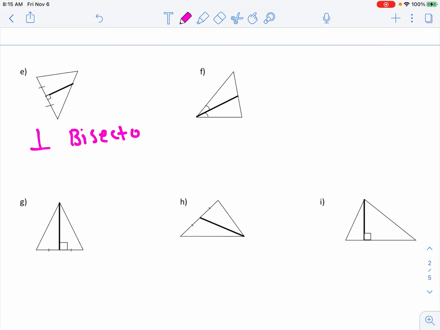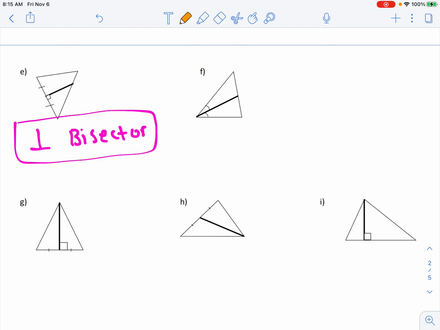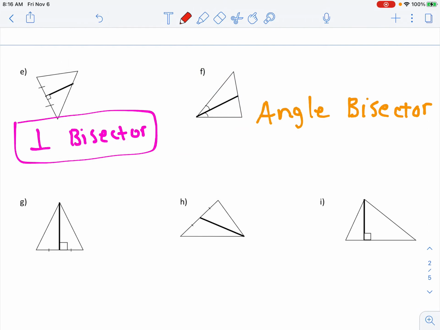I'm going to abbreviate this time to save some writing. All right, letter F, notice my line that splits it into two equal angles. If it's two equal angles, it would be considered an angle bisector. All right, letter G. Letter G gives me 90 and tick marks.